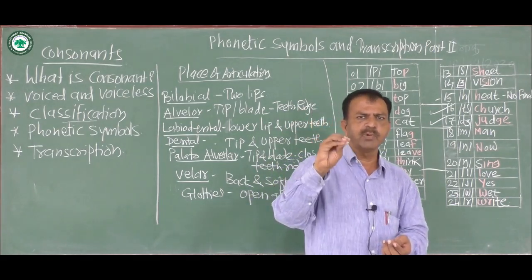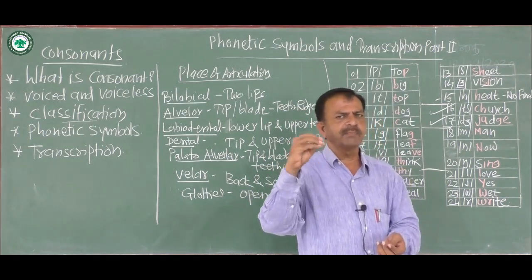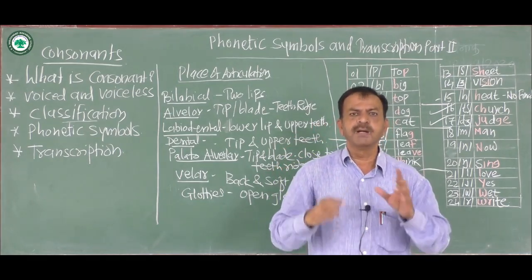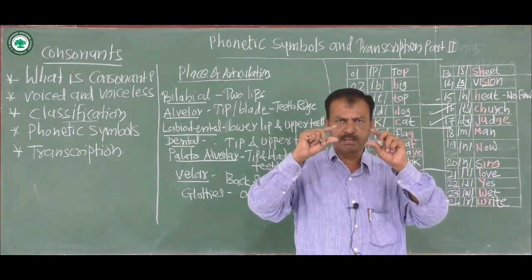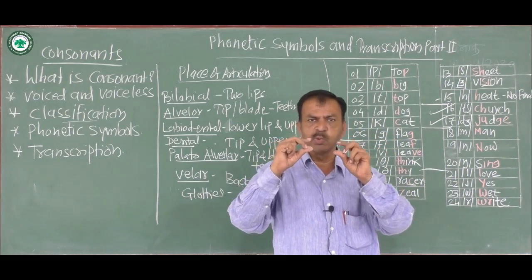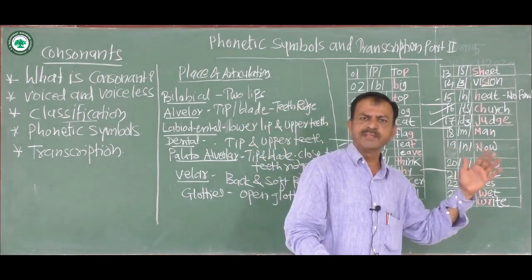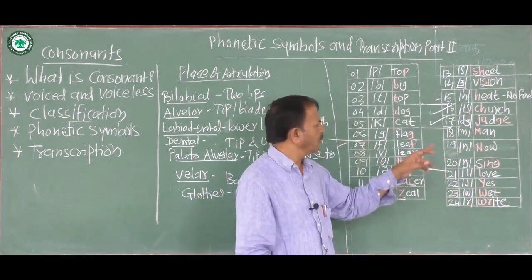Sometimes the mouth is closed, sometimes the mouth is open. Just pronounce m. There is a closure of the two lips, and the air passes through the nose, so they are known as nasal sounds.